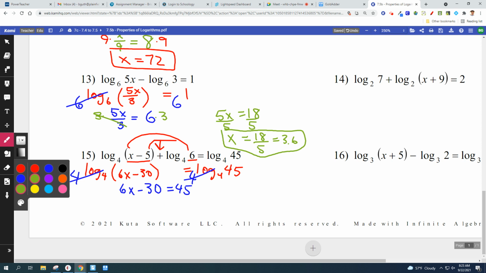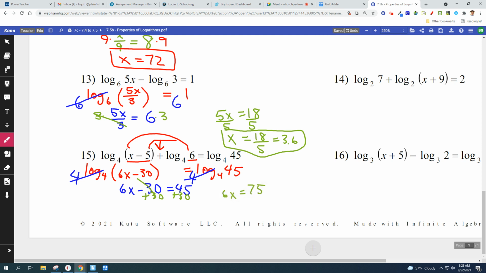Do what we always do. Add the 30 over. That's going to say 6x equals 75. Divide by 6. X equals 75 over 6, whatever that is. 12.5? Okay, good.